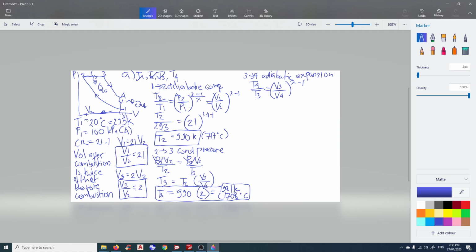Let's have a look here on this chart. V1 and V4 is the same because they are constant volume. So we're going to write here V1 is equal to V4.